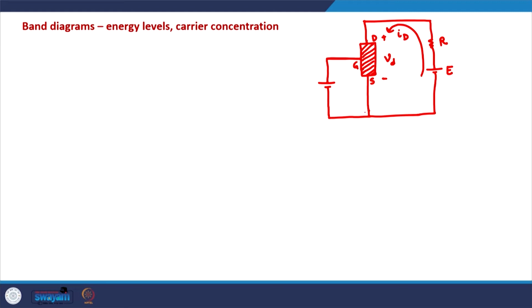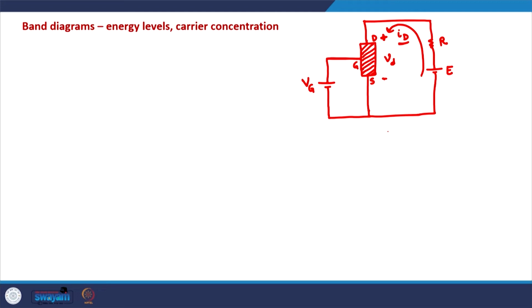So this is the gate terminal, the gate voltage. Generally, the MOSFET IV characteristics: in this case, the current ID is flowing through the MOSFET between the drain and the source contact, and the voltage across the device is VD.